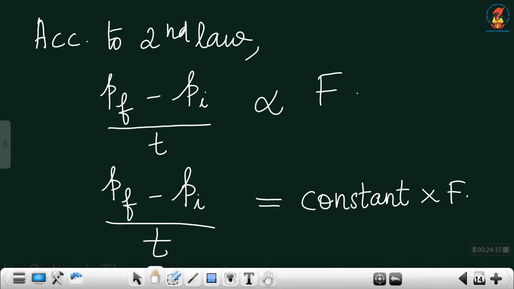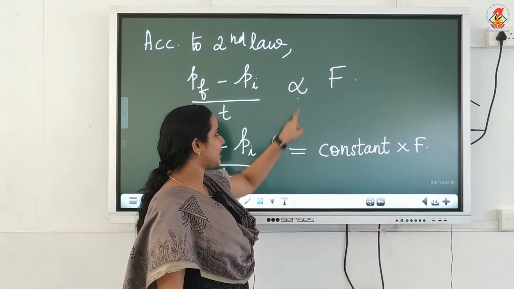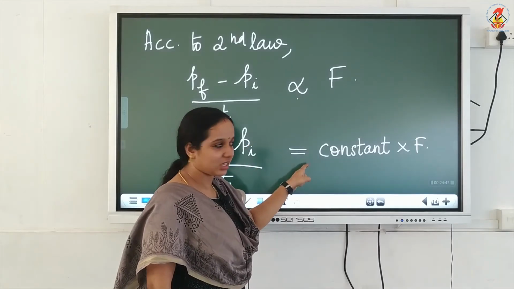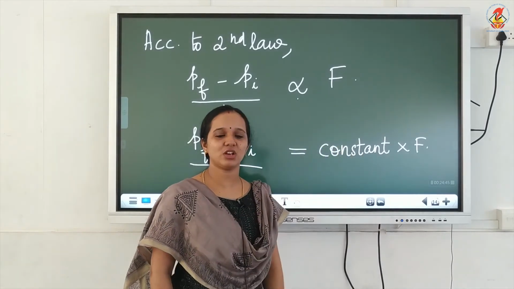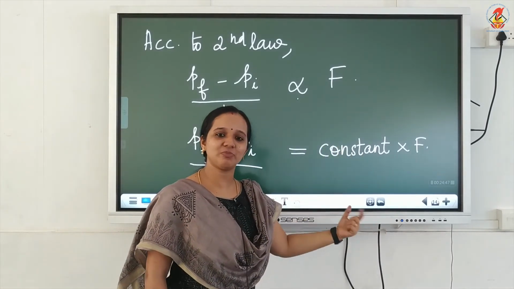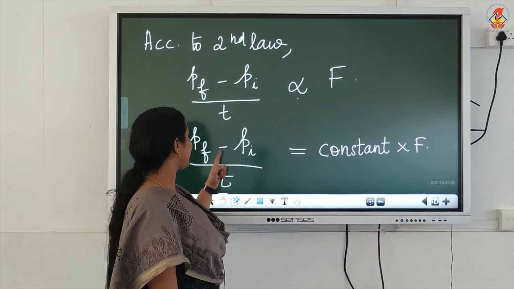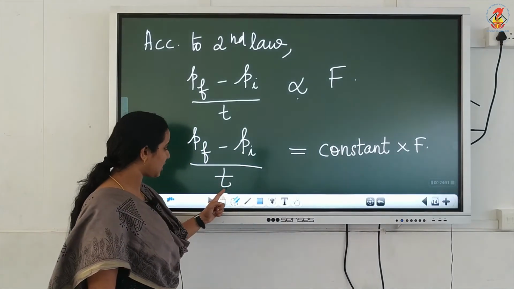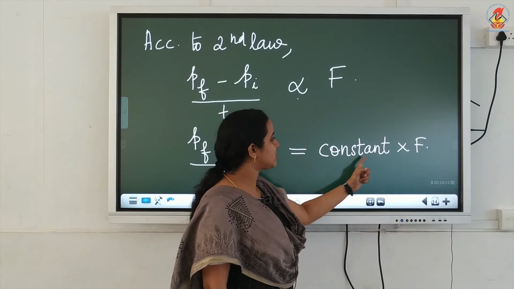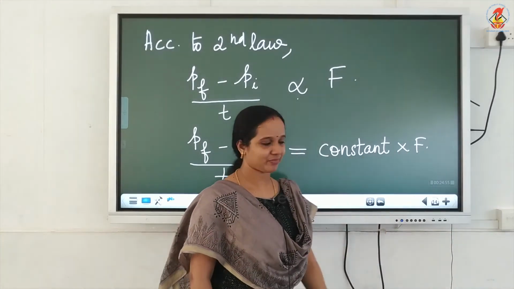So, the equation becomes Pf minus Pi by t equal to constant into F.